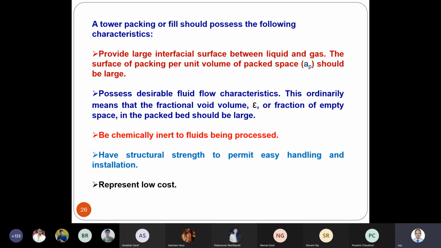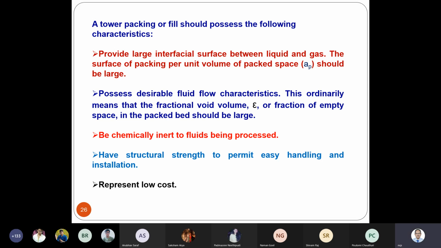If there is sufficient void space, then obviously it will create less resistance and the pressure drop will be less. So that's what is called desirable fluid flow characteristics. That means the void volume, or fractional void volume, should be sufficiently large.